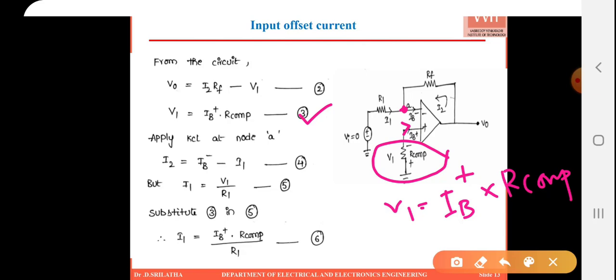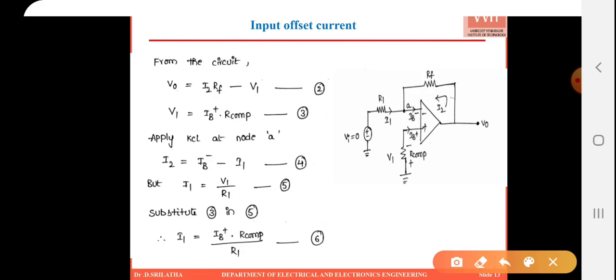If you apply KCL at this node A, three branches are connected to this node. One is I1, the other is I2, and the third current is IB minus. So applying KCL, there are two input currents and one outgoing current, and the outgoing current is IB minus.